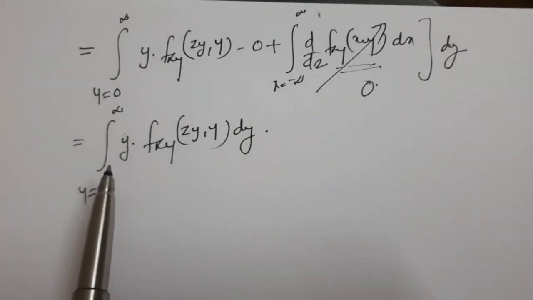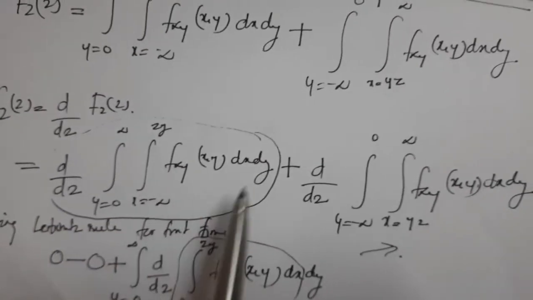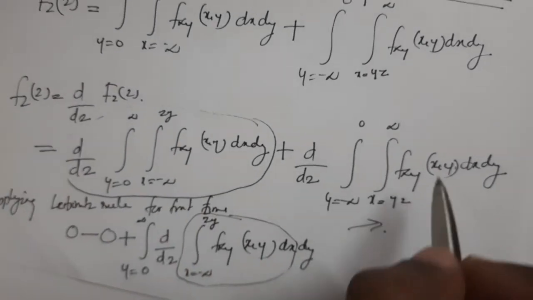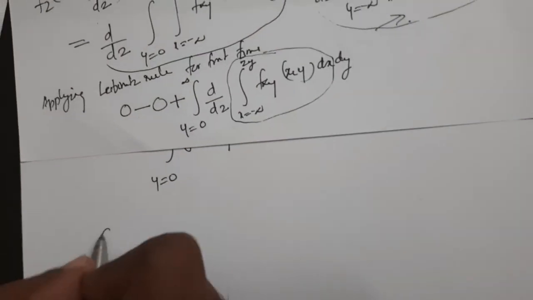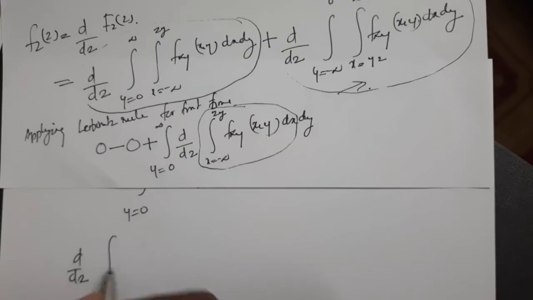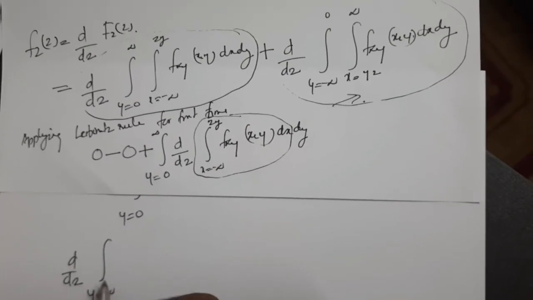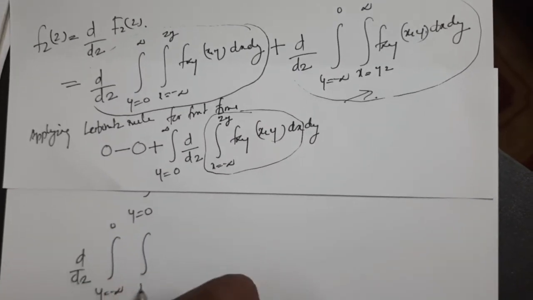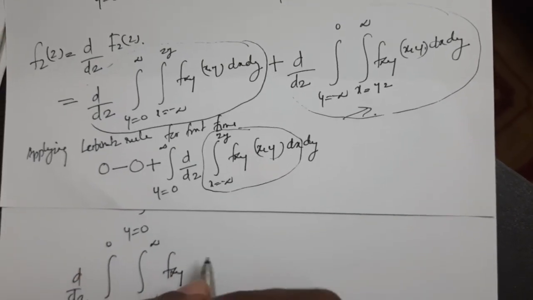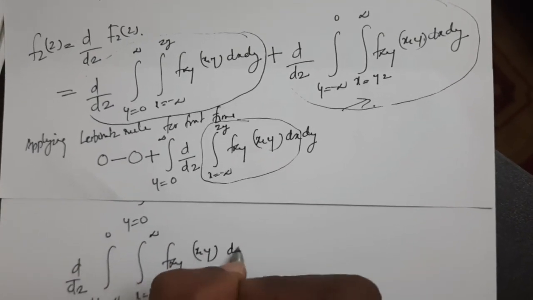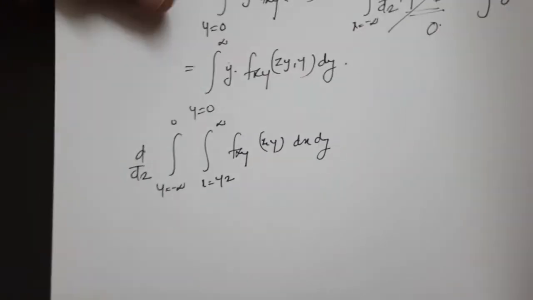So far we have evaluated the first term. Now we need to evaluate the second term, d by dz of the integral y equal to minus infinity to 0, integral x equal to yz to infinity of fxy(x,y) dx dy. Again we apply the Leibniz rule for the first time.